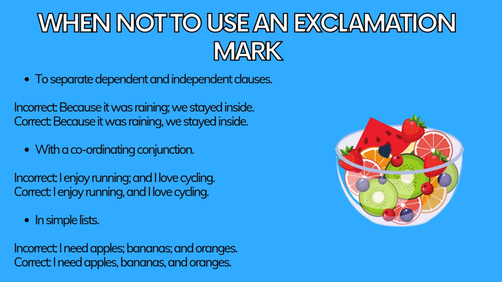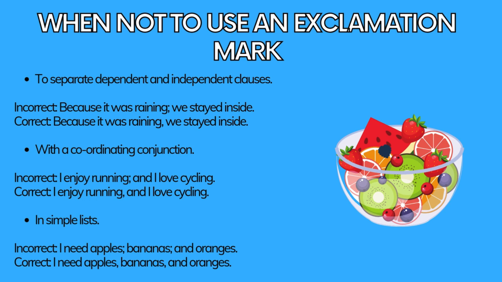So an incorrect sentence using a semicolon would be: Because it was raining; we stayed inside. You can see that because it was raining doesn't make sense on its own, so we can't use a semicolon after it. The correct way to write that would simply be: because it was raining, we stayed inside. A comma is the correct choice.